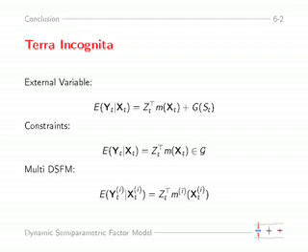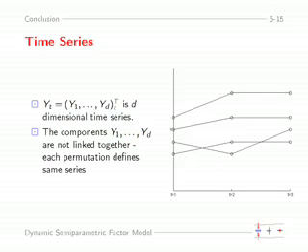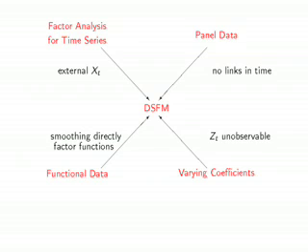There are some open questions which I can shortly show you here. These are the references, and these are the theorems. It's of course all on the net. I would just like to show you one more time in one plot what we don't have. This is the graphical thing. If you have no links in time, panel data boils down to that. If you have functional data, it boils down to when you smooth the factor functions.